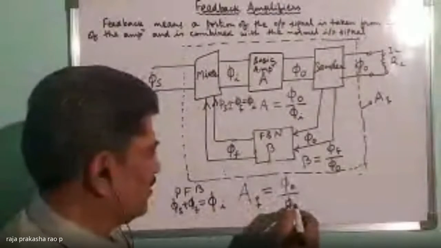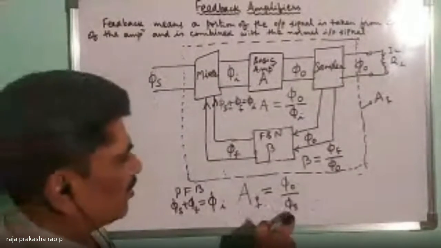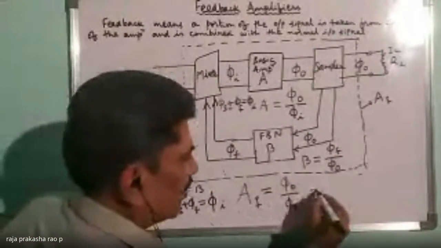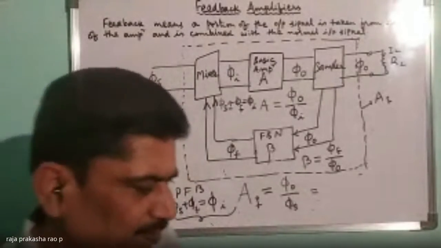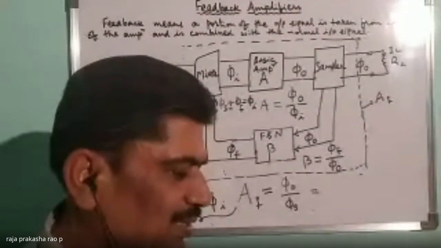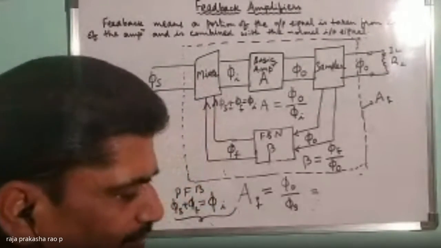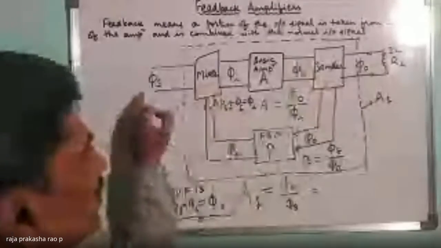So what is phi s here now? So from this equation you tell me what is phi s? Quite, it's very simple derivation. So for the complete amplifier, output is phi naught, input is phi s.